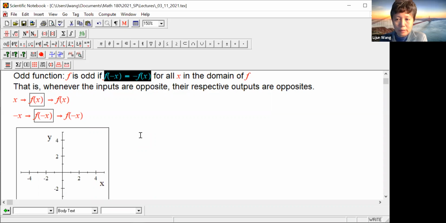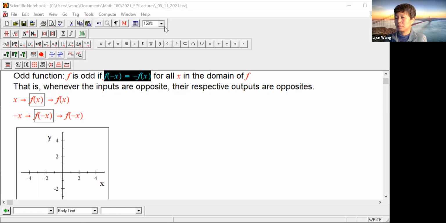You can certainly look at the basic table, but here we just use the definition to identify any function that's even or odd. So how do we identify that?